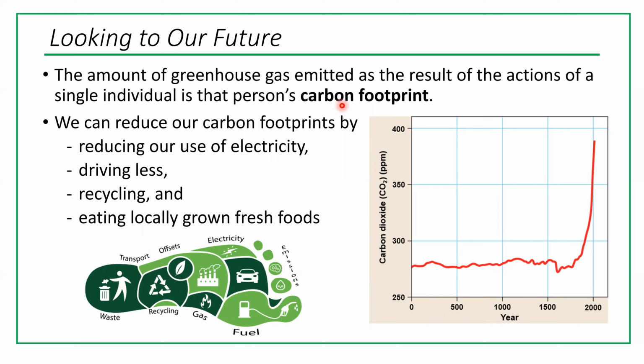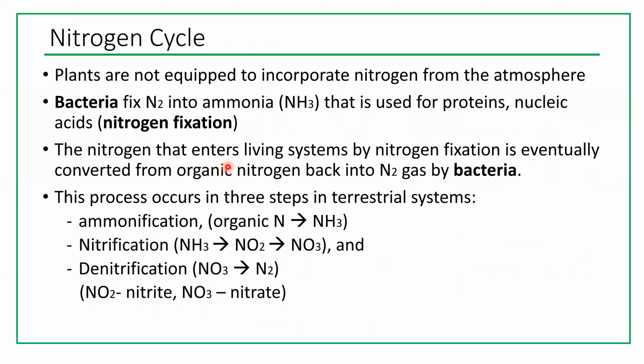So how much carbon dioxide every single person releases in the atmosphere, right? So here is a schematic representation of carbon footprint that includes the fuel we use, right? The electricity, gas, are we recycling or not, and so on. So every one of us can reduce our carbon footprint by reducing the use of electricity, driving less, recycling, and eating local foods.